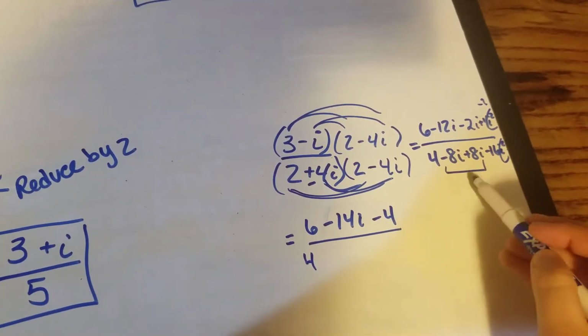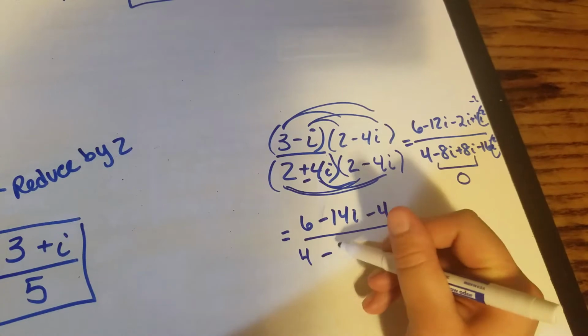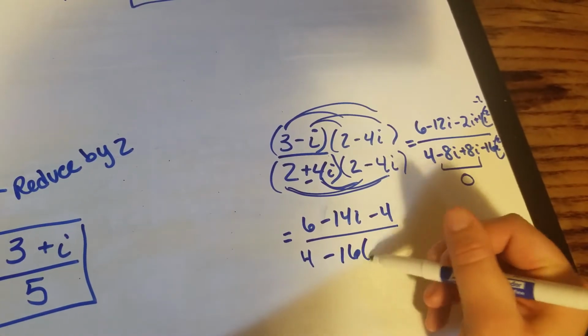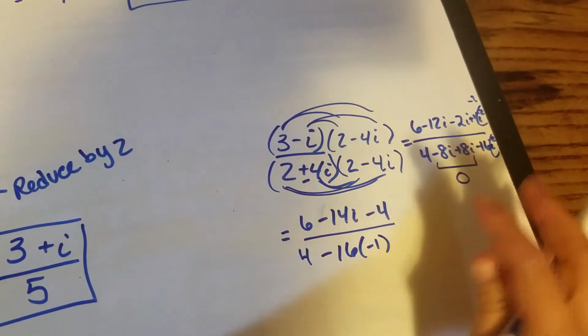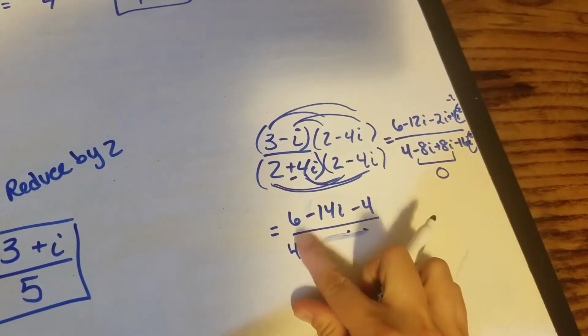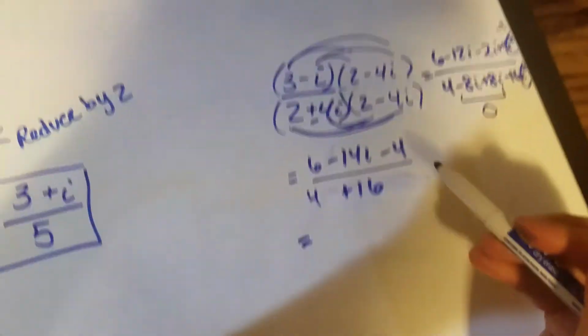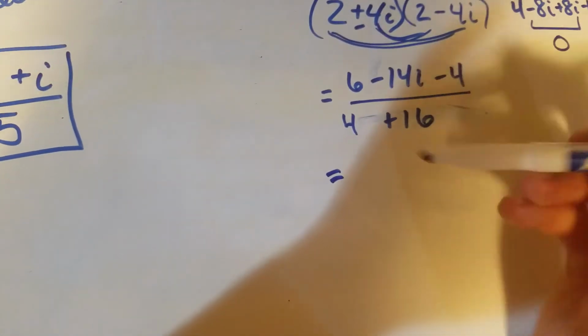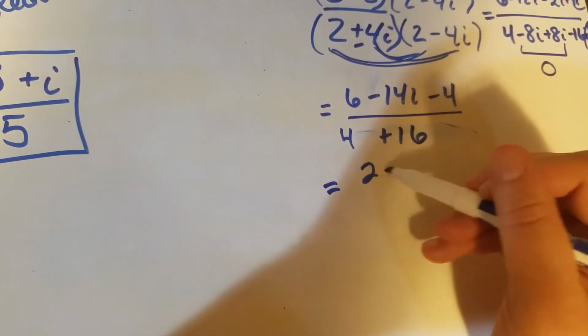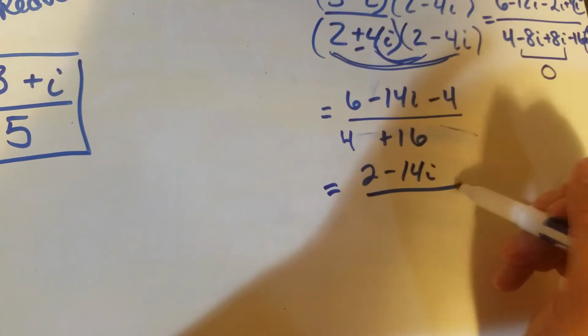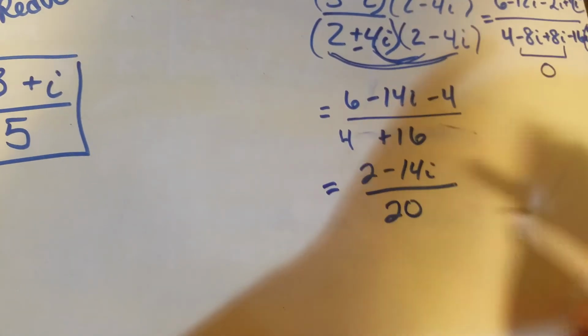Negative 8i and 8i make 0. Minus 16 times negative 1, which is just going to give us a 16. So I'm just going to erase that and put plus 16. Save me a step. 6 minus 4 is 2. Minus 14i. And then 4 plus 16 is 20.